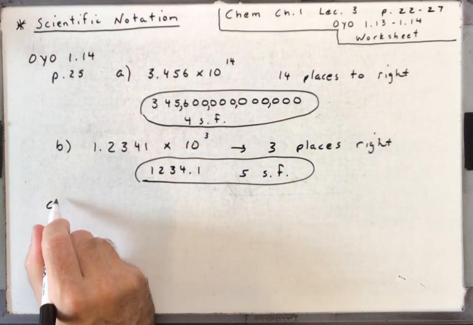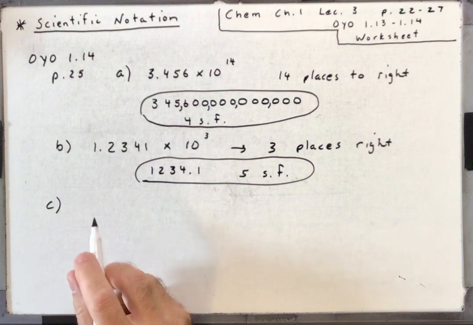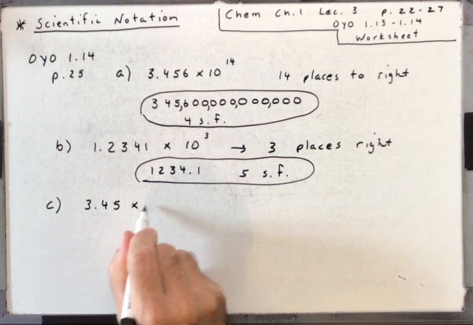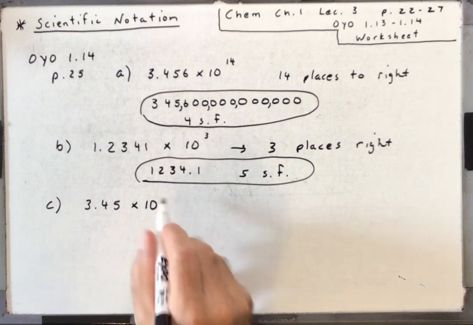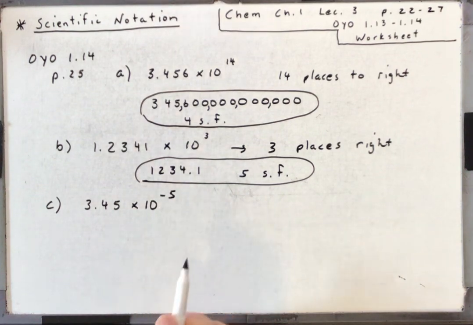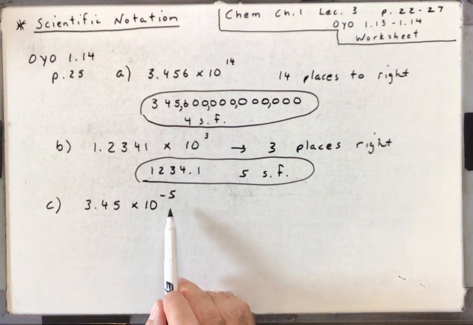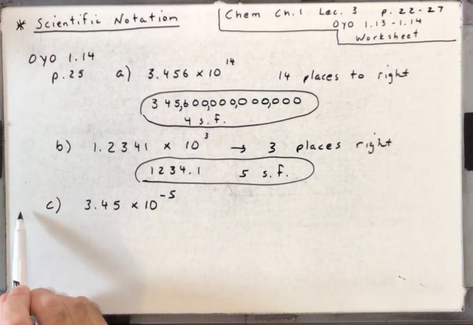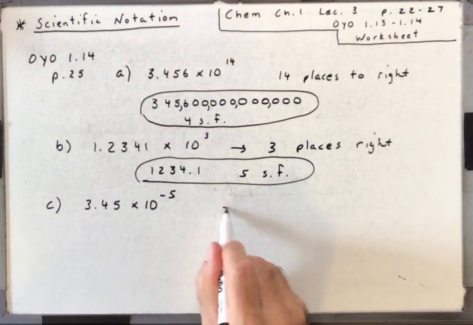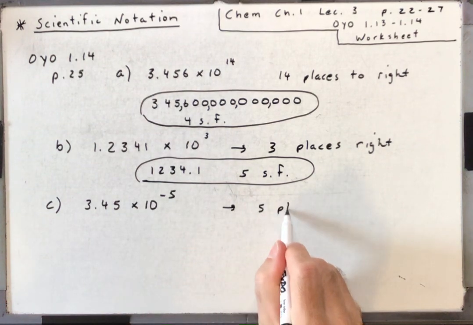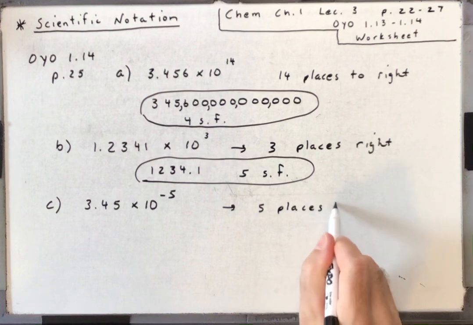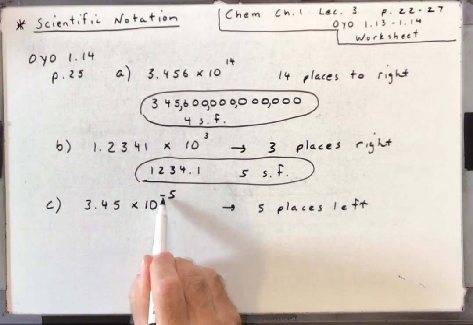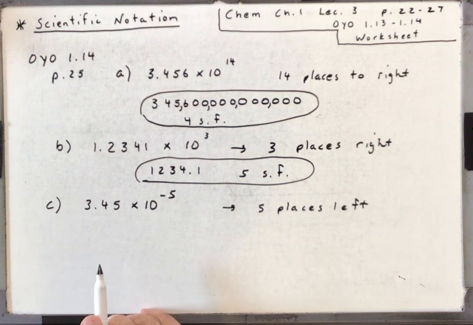All right, part C. We've got 3.45 times 10 to the minus 5. Well, if the exponent's negative, that means it's a little number. So we're going to take that decimal and move it 5 places to the left. All right, that 5 tells you 5 places, and the negative says move it to the left.